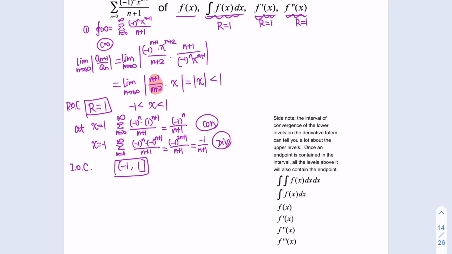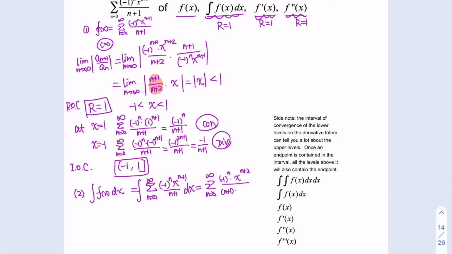For example, the integral of f of x dx: when we take the antiderivative with the power rule, this gives us the integral as sigma notation, negative 1 to the n, x to the n plus 2 divided by n plus 1 times n plus 2. The constant c, we don't have to worry about.